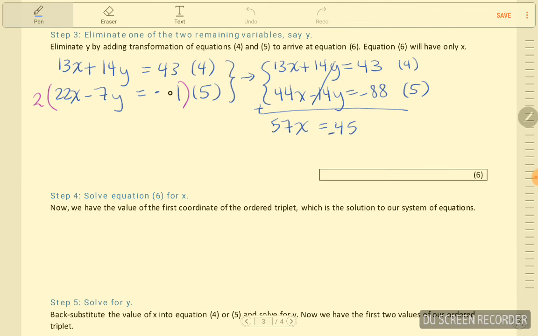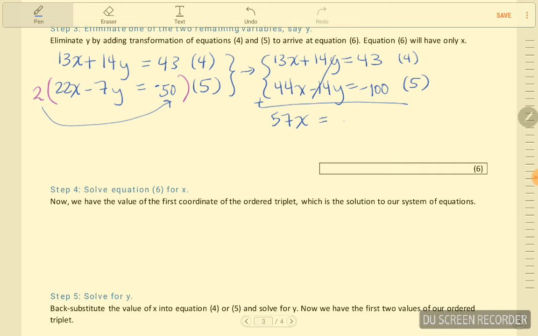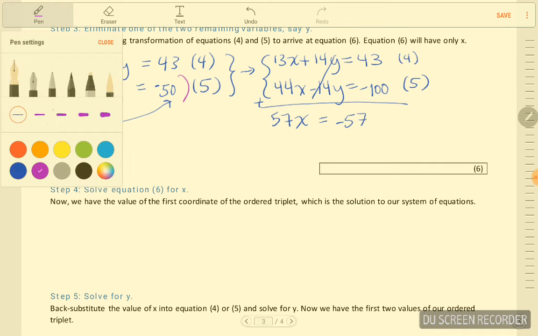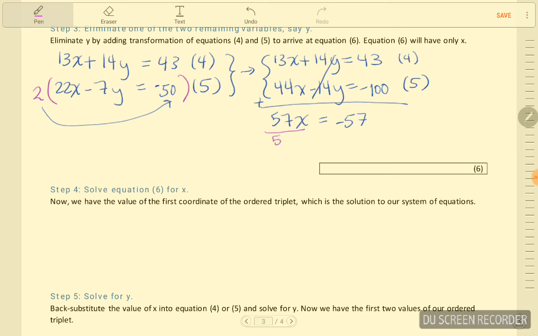Alright, so if this was supposed to be negative 50, and then I multiplied that by 2 right here, then this is going to be negative 100, which would give me negative 57, right? Yeah, negative. So negative 100 plus 43 would be negative 57. So then I get to divide and I end up with x equals negative 1.